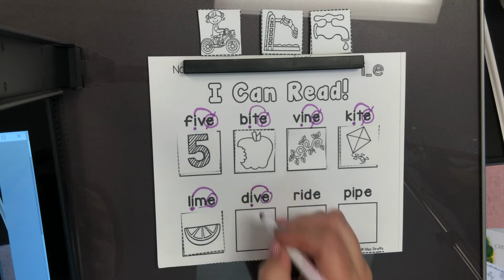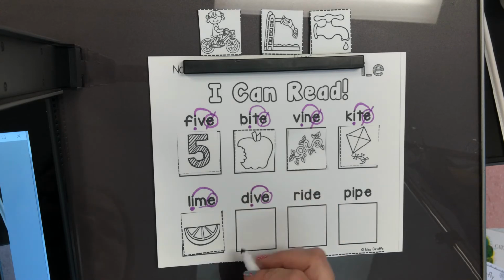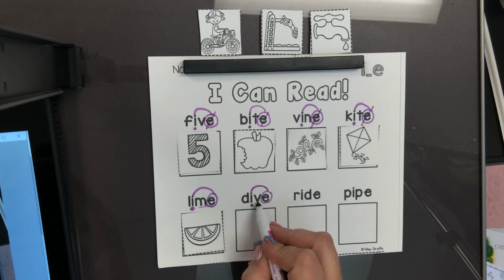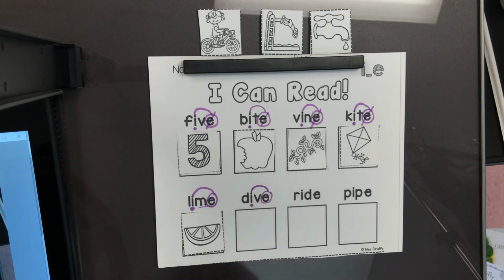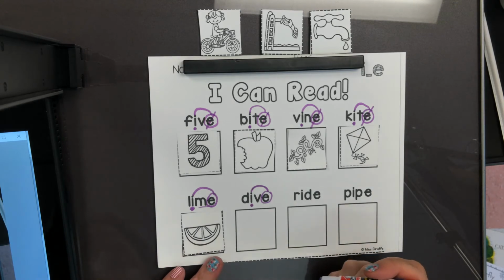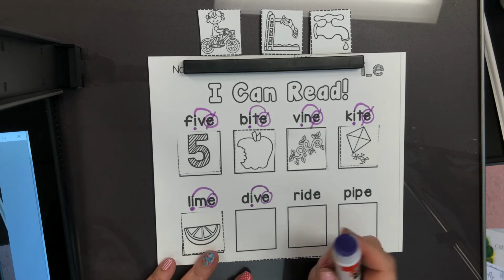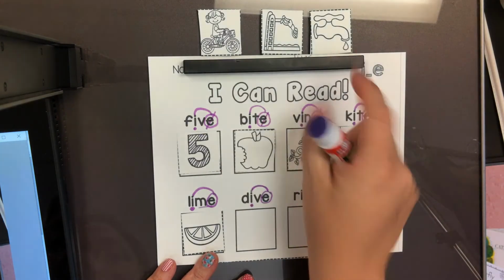That means I will say its name. Let's sound out the word. D, I, V, dive. Do you see a picture that shows dive? Yes, it's between the bike and the pipe.